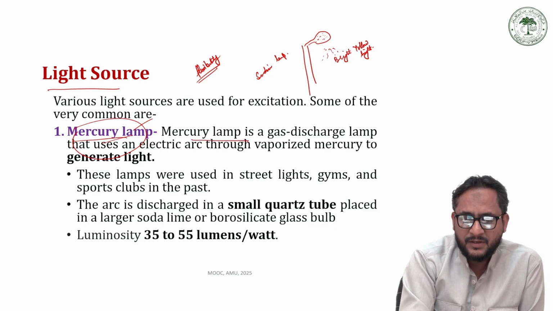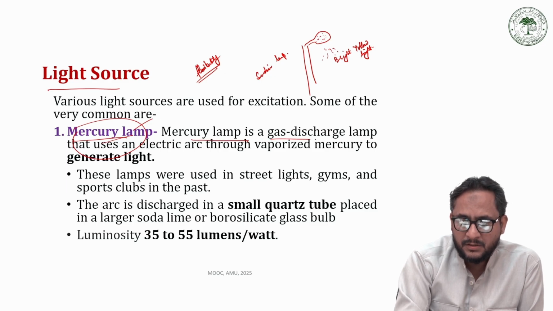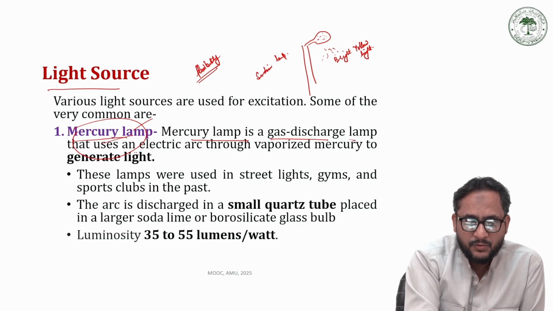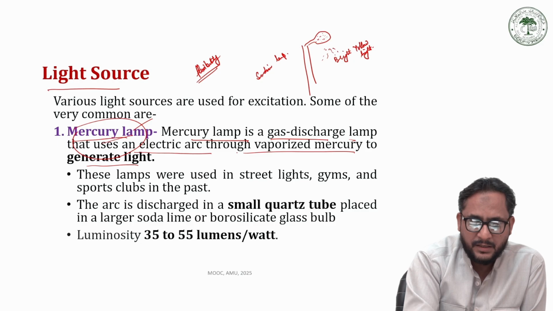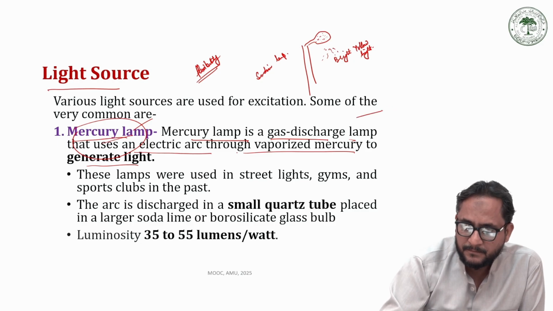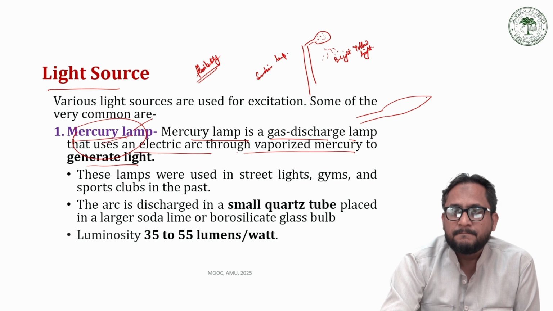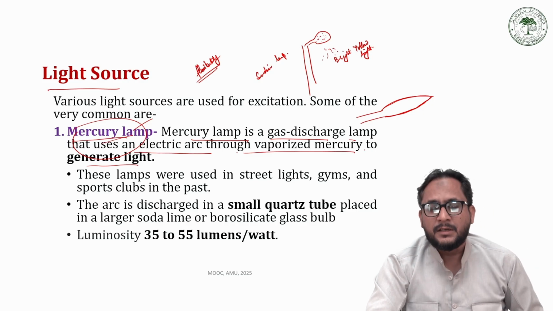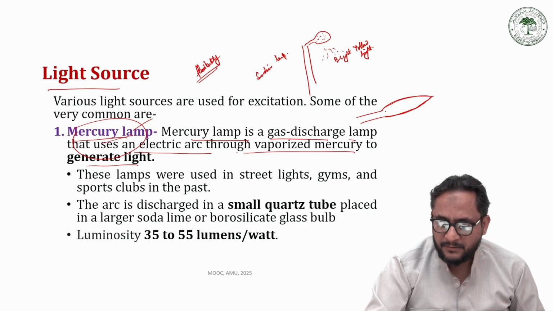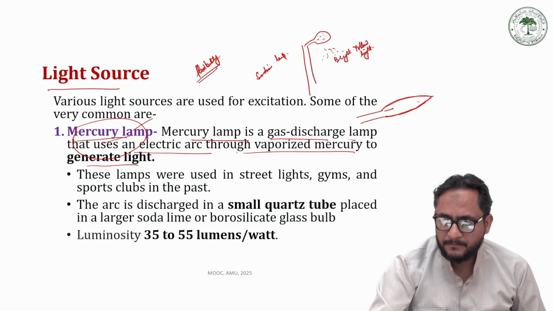These lamps are also based on gas discharge, which uses an electric arc through vaporized mercury to generate light. They have a transparent glass or quartz covering with two electrodes.